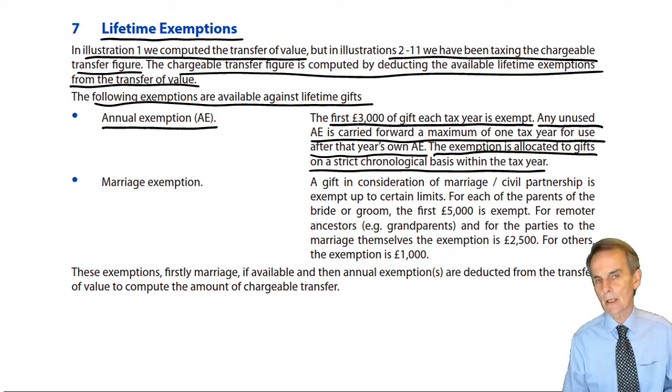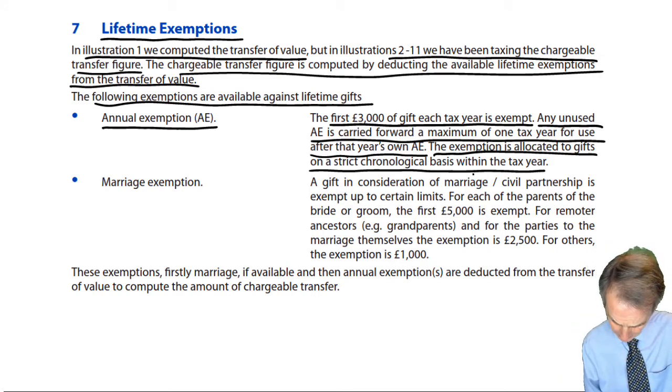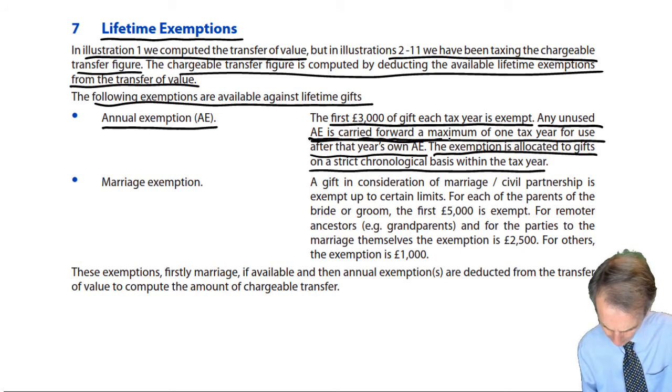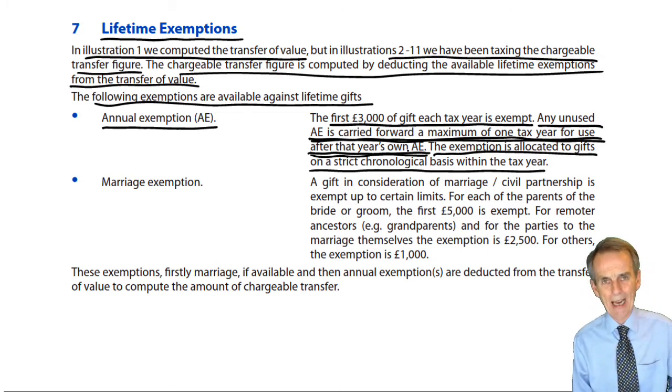And that's where it is important to know the order in which you will use those exemptions. As the rule says, the annual exemption, if unused, is carried forward a maximum of one tax year for use after that year's own annual exemption.